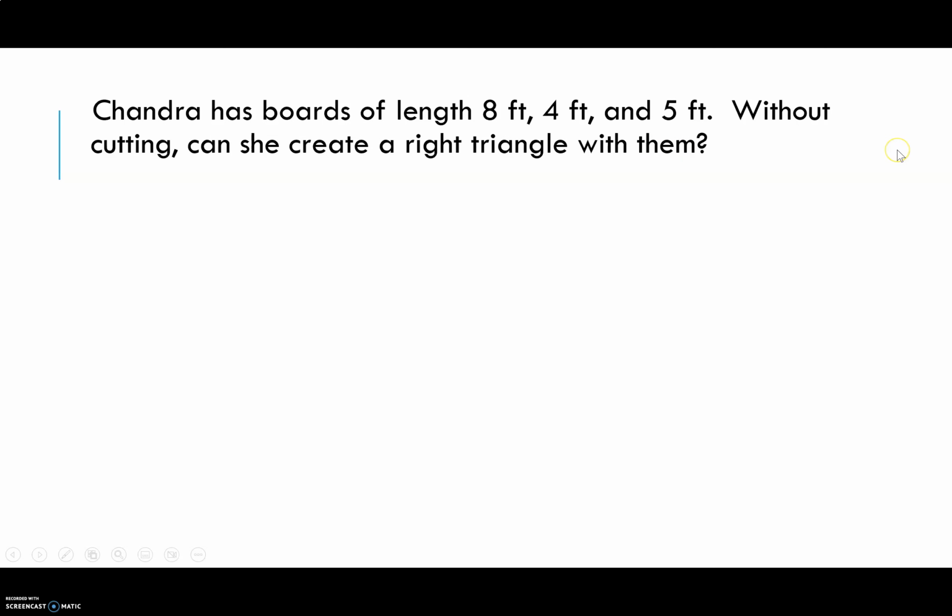So let's start off with a simple scenario. Let's say Chandra has boards of length 8 feet, 4 feet, and 5 feet. The question is, can she create a right triangle with them? So in order for a right triangle to be created, you have to have side lengths that work in the Pythagorean theorem. As you're looking at these 3 side lengths, there's only one of them that could be the hypotenuse.